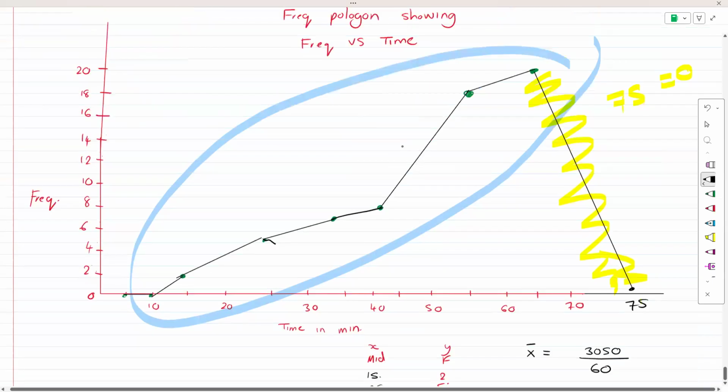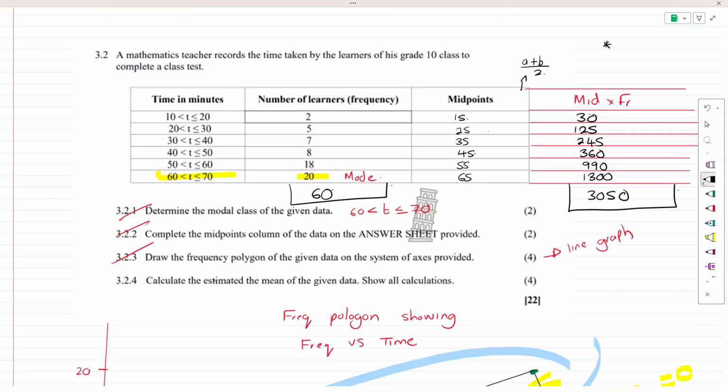I do want to double check because very rarely is a marking guideline wrong, but let's double check. 2 plus 5 is 7, 7 plus 7 is 14, 14 plus 8 is 22, 22 plus 18 is 40 and 60, yeah. So the guideline's wrong for this one, guys. Yeah, but that's all there is to this question. We'll move on to the next paper now.